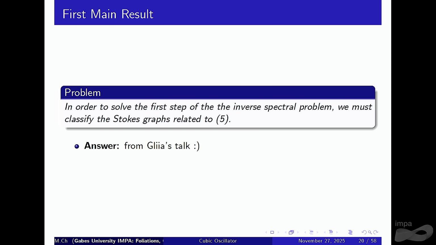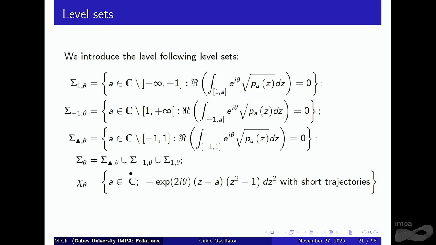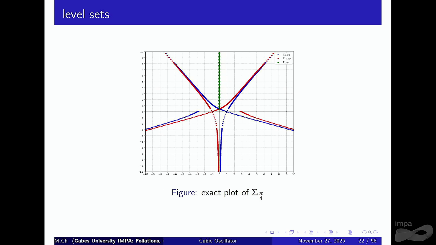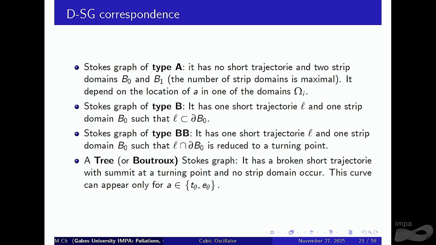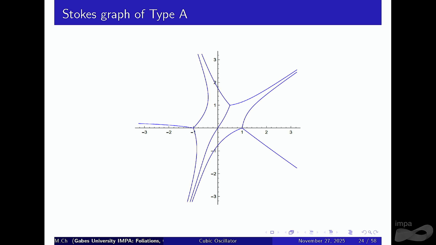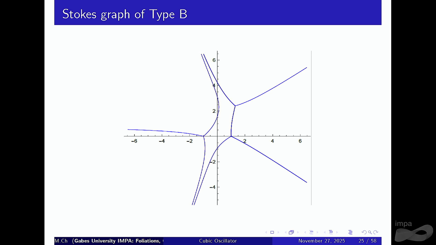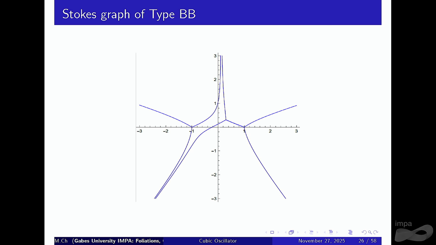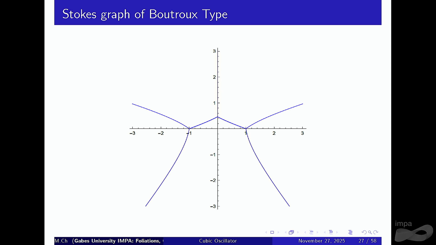The answer is from Glia's talk, and we use this level set, as Glia has said. For example, for P over 4, we have this form, and we have this classification under some equivalence relation. These are the 4 types of graph. This is a graph of type A, this is a graph of type B, of type BB, and of type 3Ks.